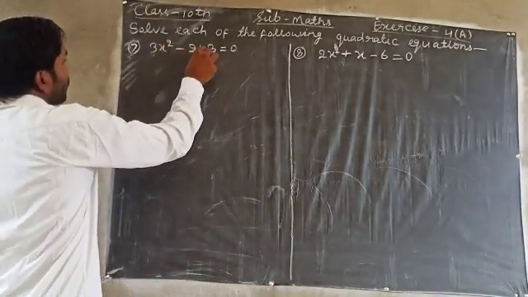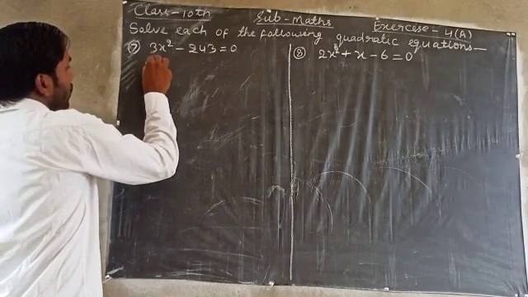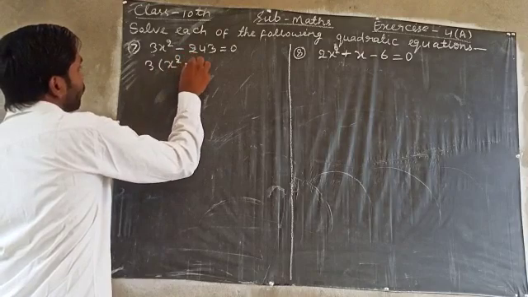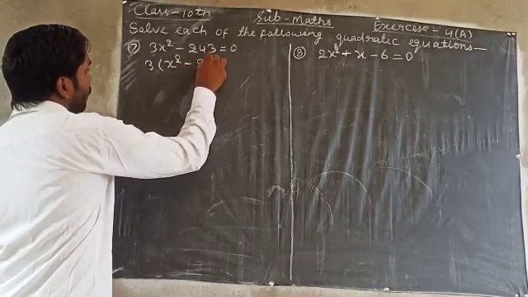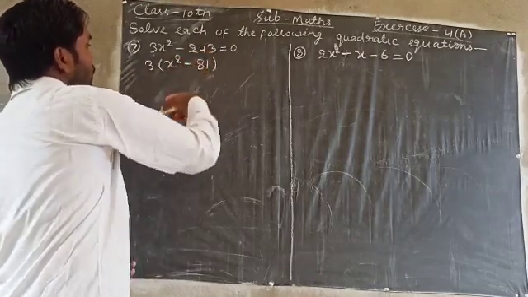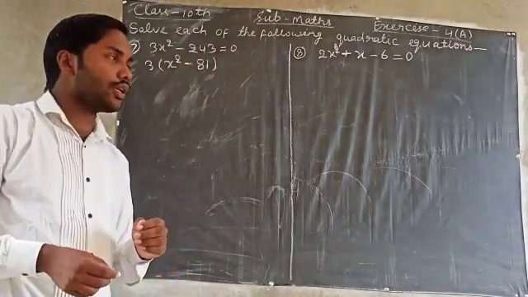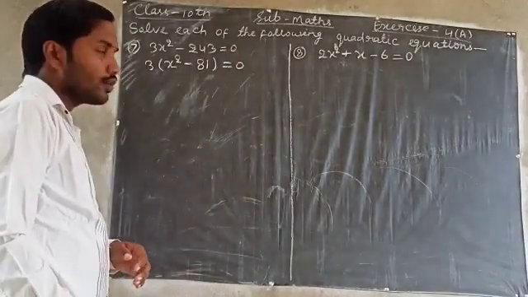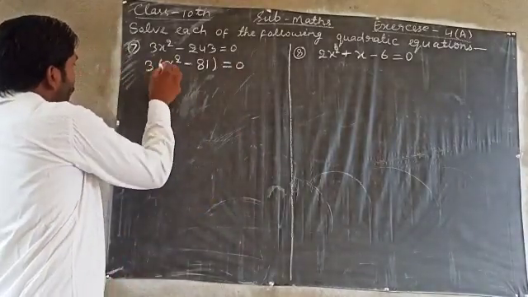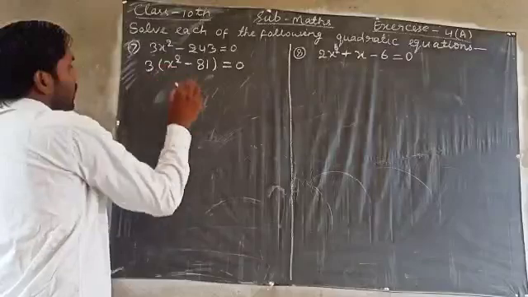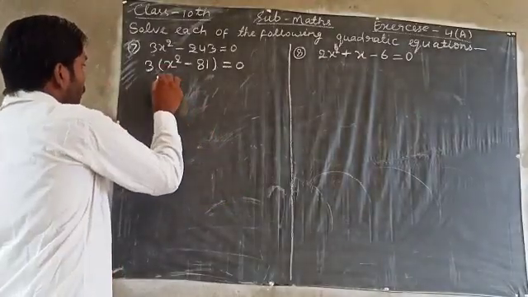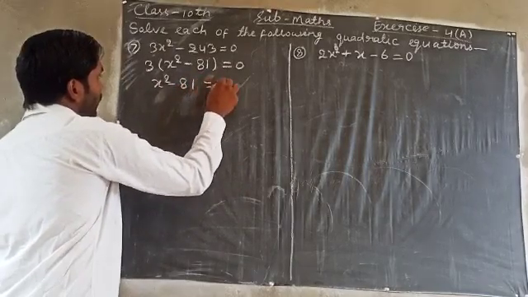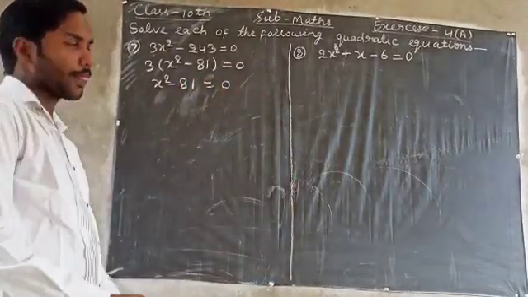From here we take common 3, so it will be x square minus 81, because 3 times 81 is 243, is equal to 0. Now, in the next step, when we divide 0 by 3, it will become 0. So, x square minus 81 will be equal to 0.